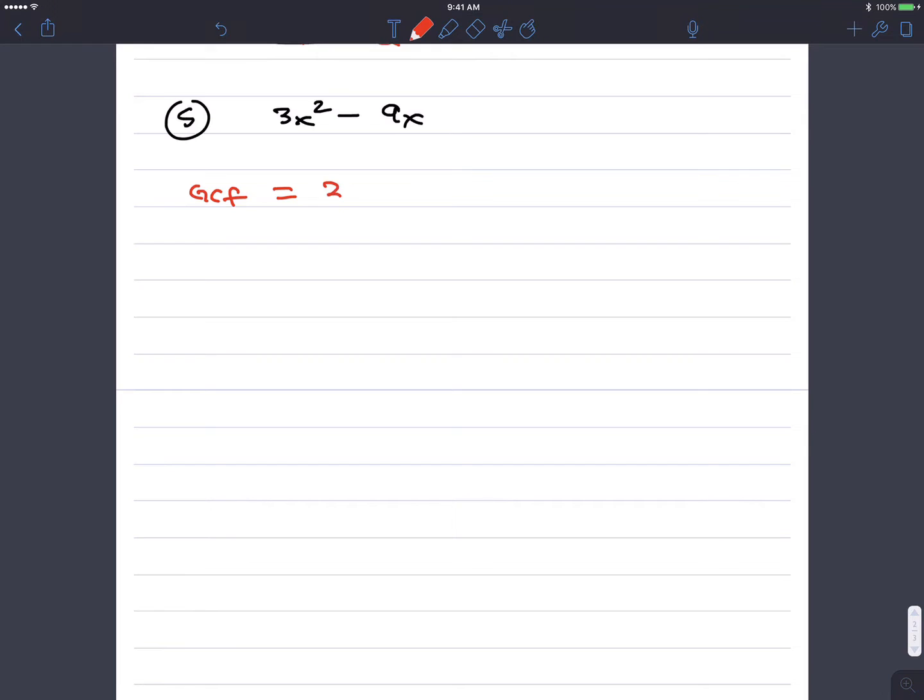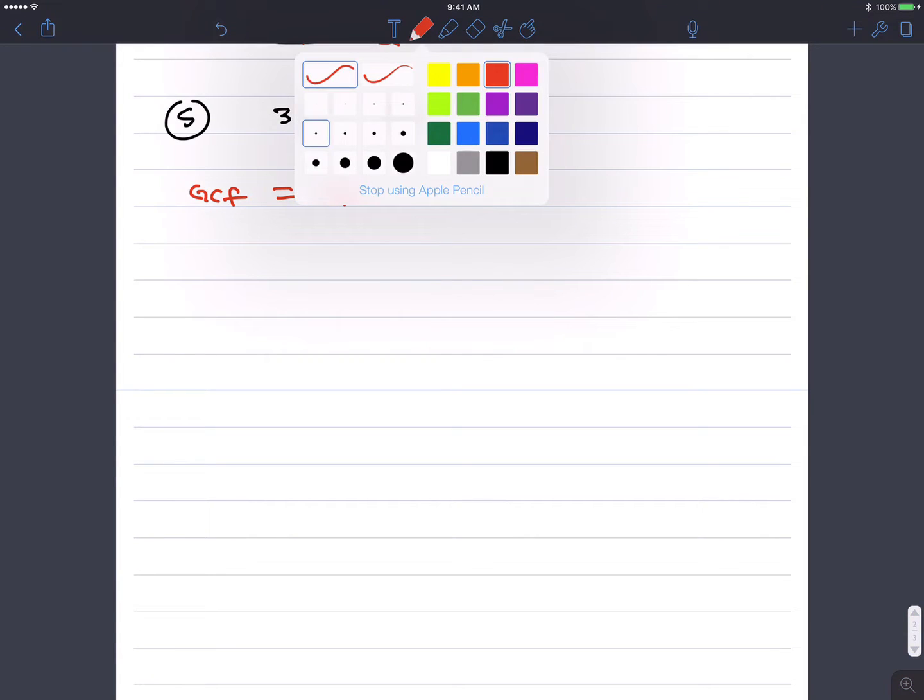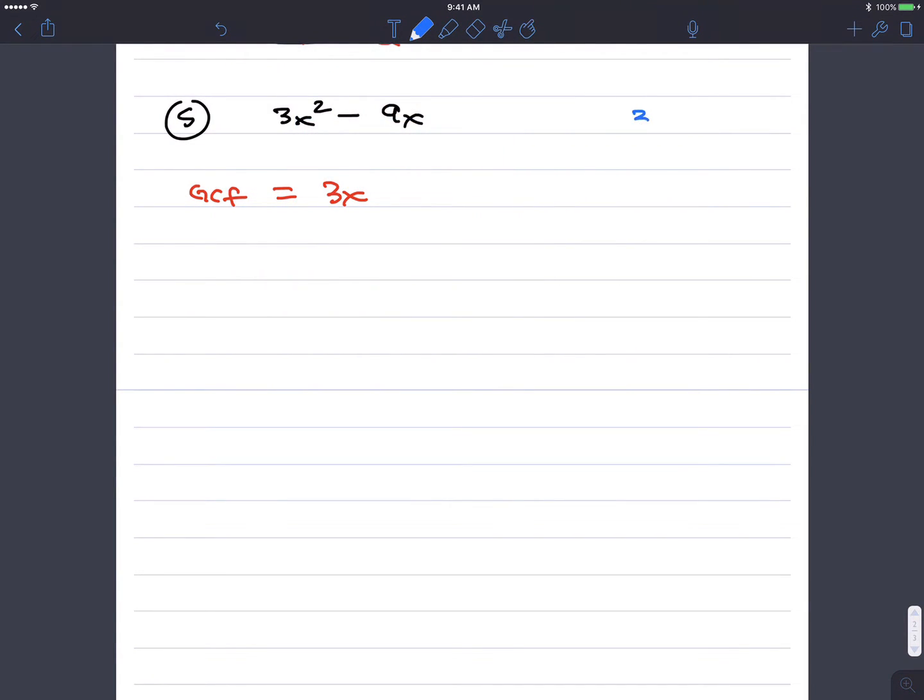It's 3x. Okay, that's good. This is from last week, right? We need the GCF of the terms 3x squared and 9x. Do them one at a time. 3 and 9, your GCF again was 3. x squared and x to the first power. It's x to the first power, or just simply 3x. And that's how we got our 3x.